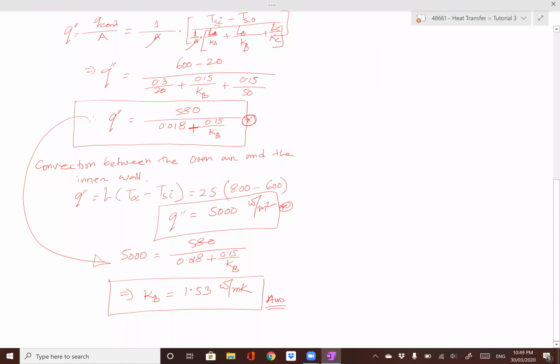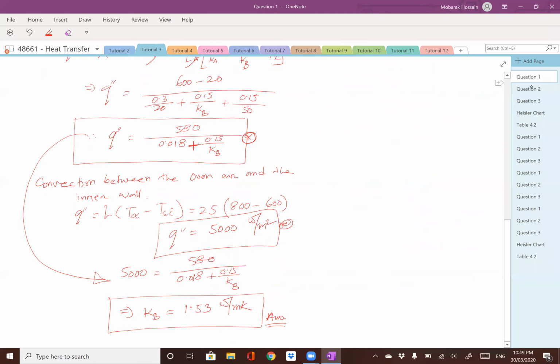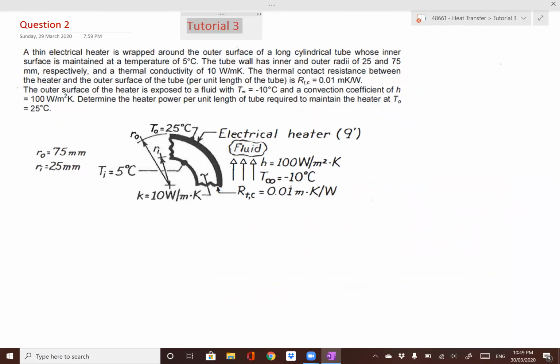Yeah, straightforward problems. Okay, now I'll solve question number 2. This one is also related to thermal resistance, but for cylindrical coordinate problems. So a thin electrical heater is wrapped around the outer surface of a long cylindrical tube, and the inner surface is maintained at a temperature of 5 degrees Celsius.